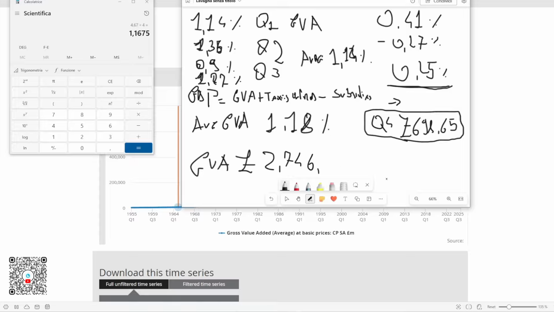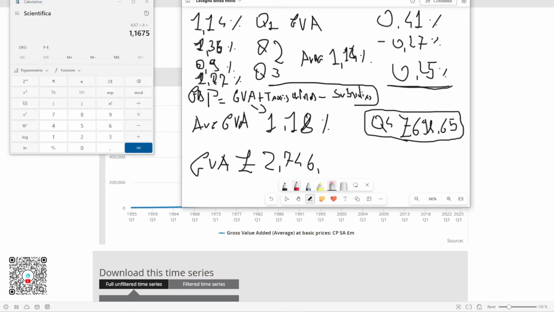Now we need to add back the taxes on production less subsidies, so this bit, to have our gross value added average growth in the year, to have the full gross domestic product data that we want.